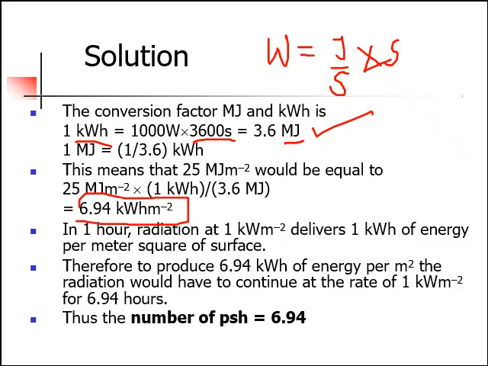In 1 hour, radiation at 1 kilowatt per meter square delivers 1 kilowatt hour of energy, so 6.94 kilowatt hour per meter square indicates that it is supplying energy for 6.94 hours at a value of 1 kilowatt per meter square. So the PSH is 6.94.